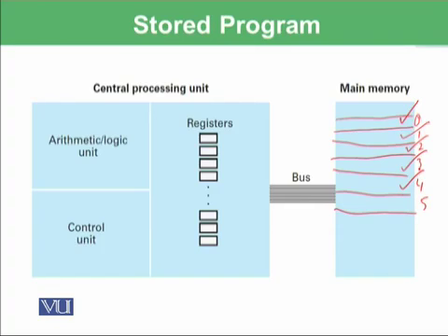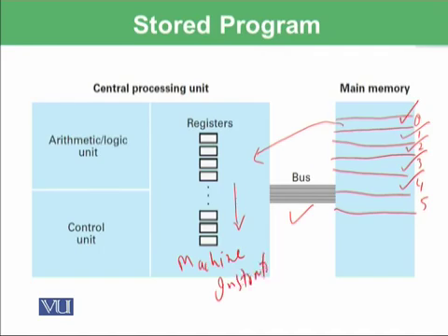So all of the instructions have been stored in the main memory, and then these instructions are fetched using the bus to the central processing unit, and there are some special purpose registers which hold a machine instruction here.